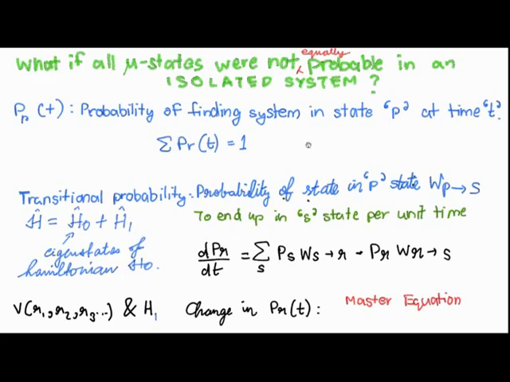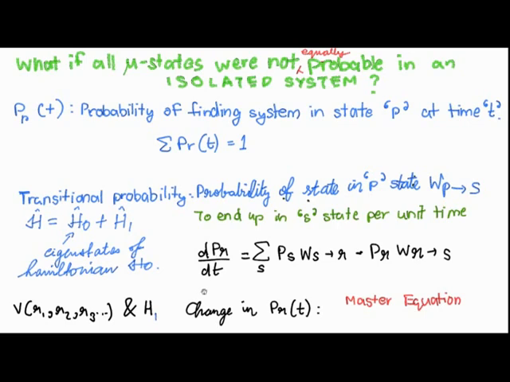If a system is in equilibrium, all the probabilities are equal and they're not changing, right? So basically dPR/dt equal to 0, all the WSR equal to WRS, and all the probabilities of all the quantum states or the microstates are the same. So each of these terms within the summation has to be individually equal to 0, and that's equilibrium.